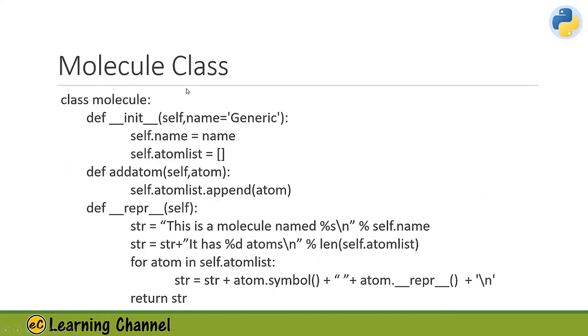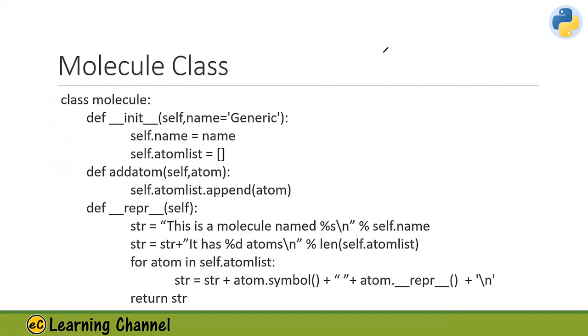So your molecule is, say, H2O, right? A molecule is not an atom, so you have H2O. You're supposed to have a name, say water or whatever. An atom list, you should have H and O, right? Those are different atoms. So it adds atoms into your atom list.